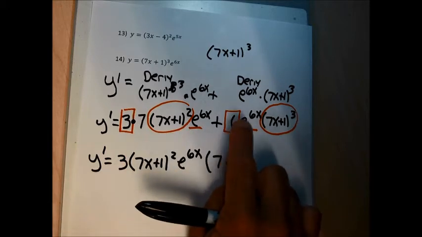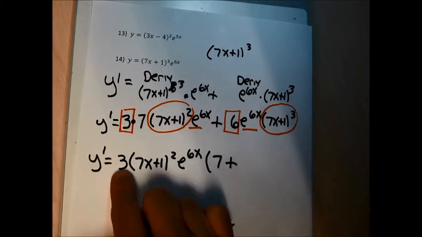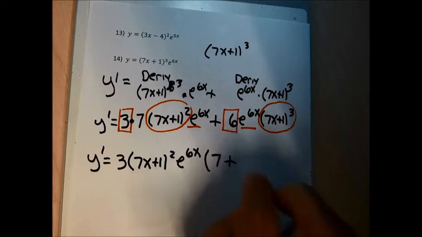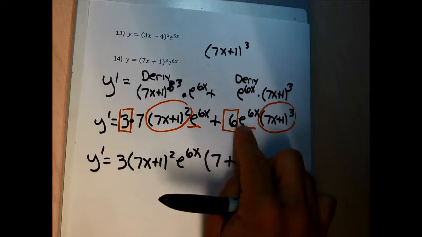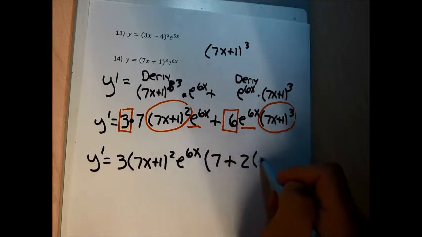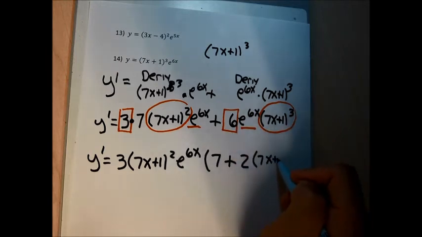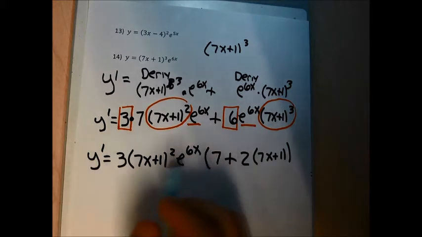To the right of the plus sign, this 6, because I factored out a 3, I need to divide by 3. 6 divided by 3 is 2. I took out the e to the 6x, so it's gone. And the 7x plus 1, I took out 2 of them, so there's 1 of them left. Now I'm just going to clean this up a little bit.